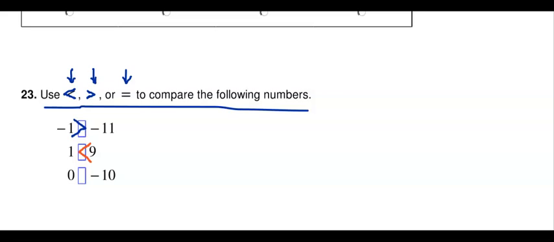So which one is bigger? Well, the 0 is bigger, or is further to the right on the number line, than the negative 10 is. So 0 is a bigger number than negative 10 because negative 10 means you have a debt. 0 means you're kind of breaking even. So that's a little bit better than being in debt. So those are your answers for number 23.